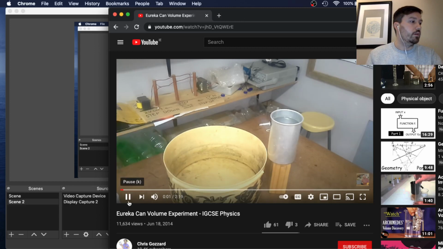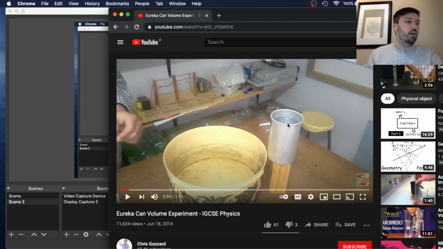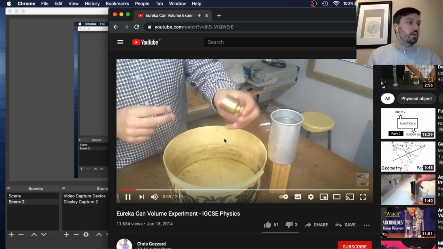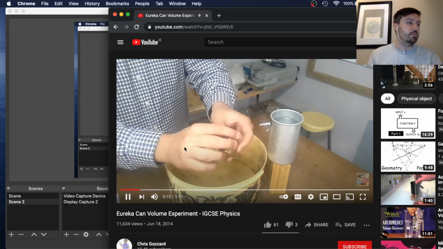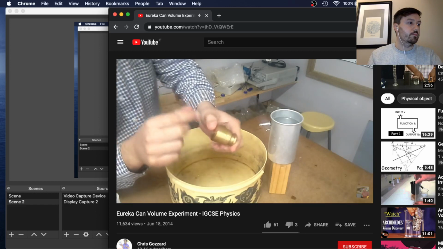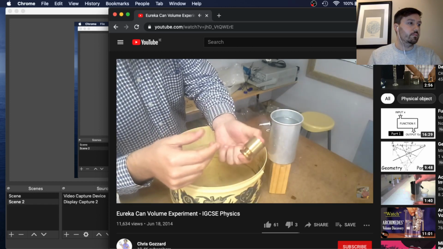talk over it. Guys, today I want to demonstrate how you find the volume. So if you look at this, it's kind of just a little can, and it has water in it, and he's filled it all the way up to the brim there, right up to where the spout is right here. Non-uniform objects. And he has this mass. It's approximately a cylinder. But let's say you want to find out what the volume of this object is.